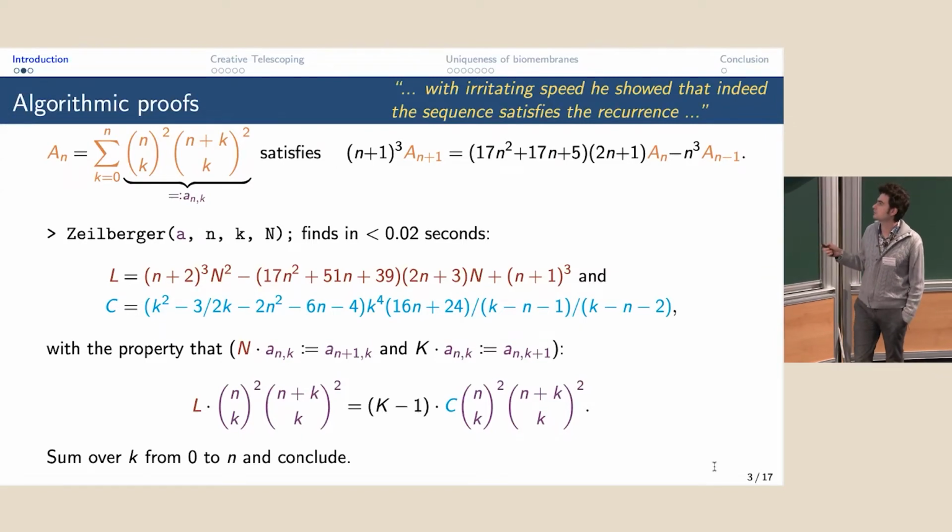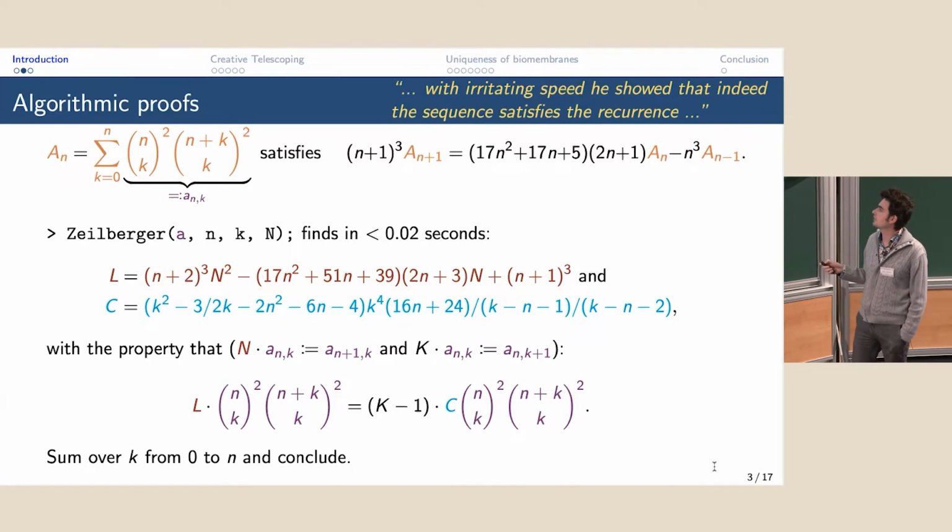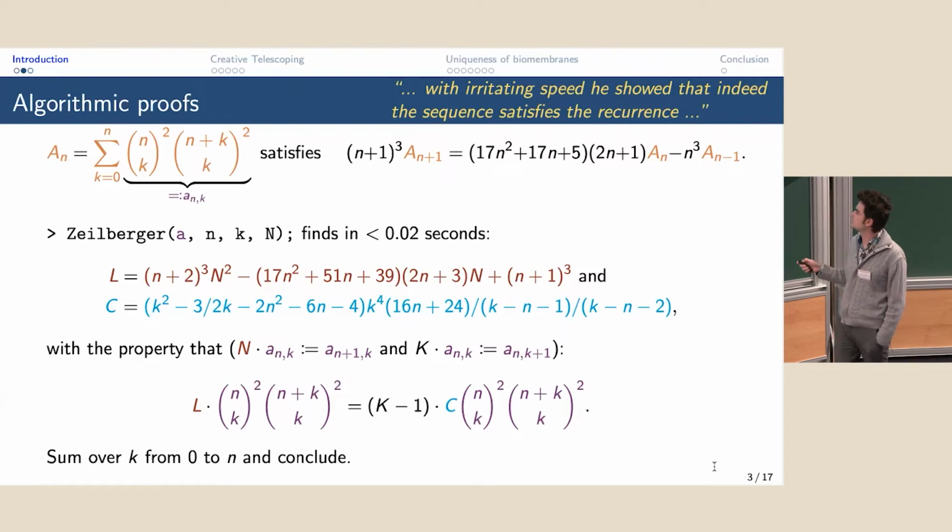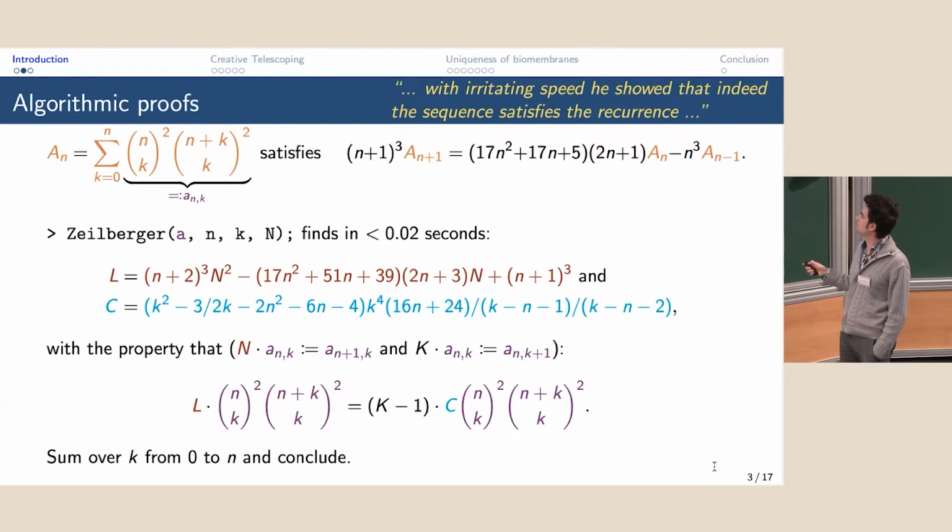One can find nowadays very quickly two things. One is an operator in the variable n, defined like this, which just shifts n by 1, and a so-called certificate, which we will talk a lot about today.